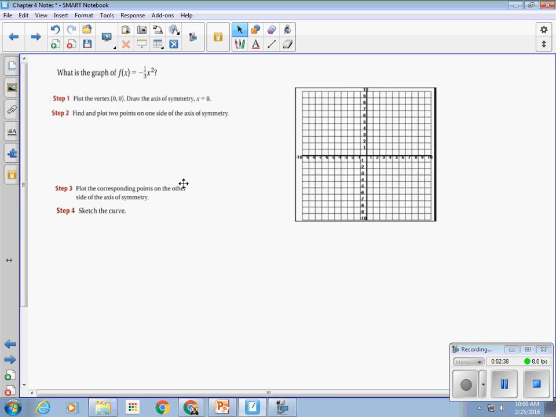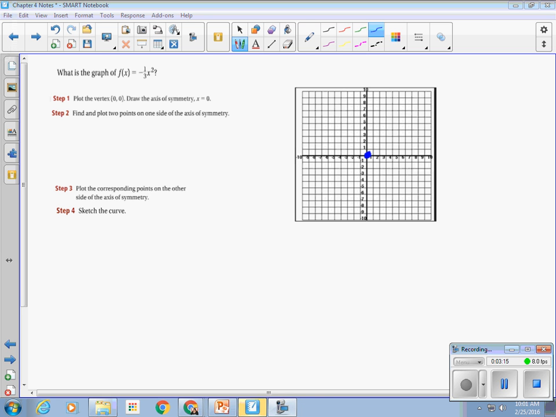When we're looking at a graph, we're always going to start by comparing it to the parent function. So we have, what is the graph of f of x equals negative 1/3 x squared? I know I don't have any vertical or horizontal shift, so my vertex is going to be at 0, 0.